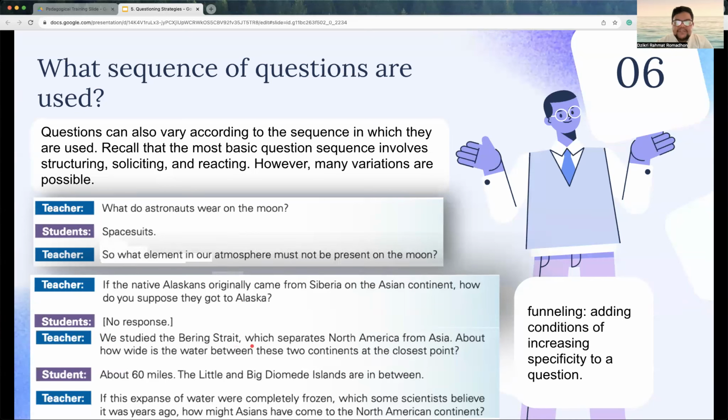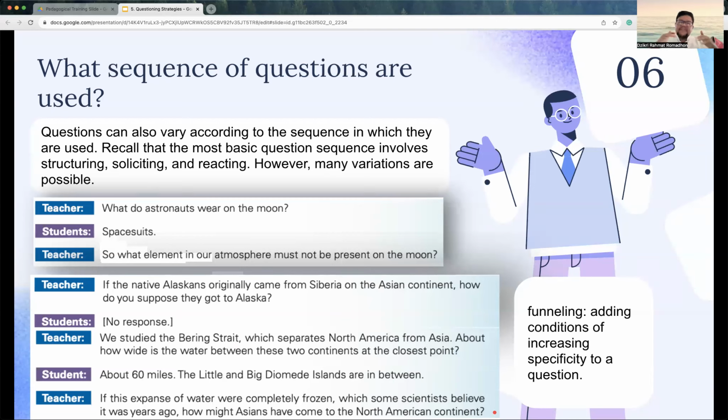And then from this information, the teacher adds more specific questions. If this expanse of water were completely frozen, which some scientists believe it was years ago, how might Asians have come to the North American continent?